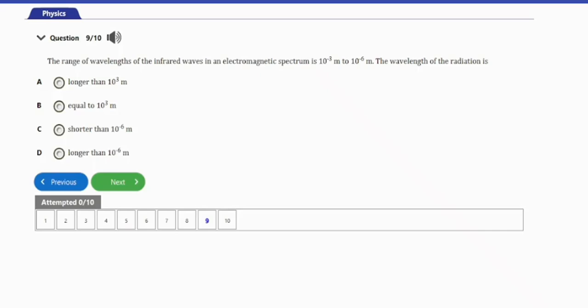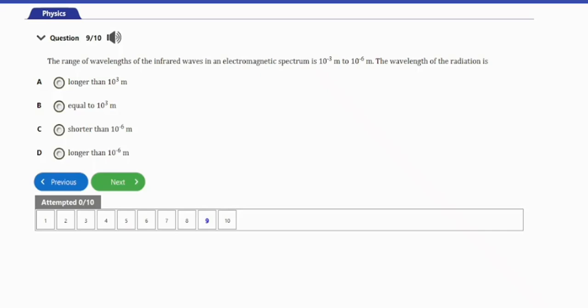So guys, this question is just a simple question that requires reasoning. If the range here is 10 to the power of negative 3 to 10 to the power of negative 6, it means the shortest of the wavelengths here is 10 to the power of negative 6, and the highest here is 10 to the power of negative 3.